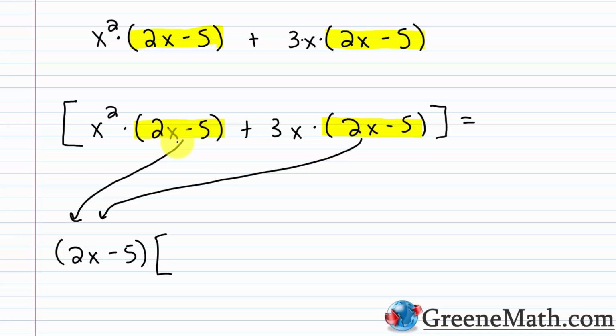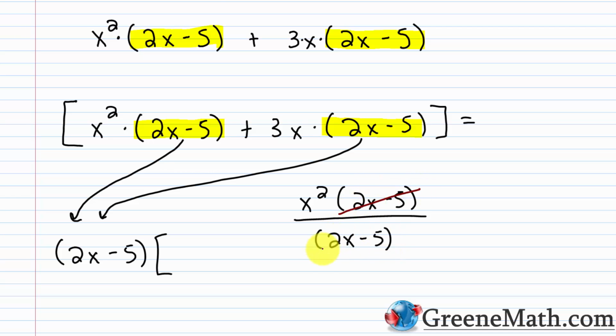You can think about it as we did in the last example with the division. If I had x squared times 2x minus 5 over the quantity 2x minus 5, I have a common factor of 2x minus 5, so that would cancel, and I'm just left with x squared. However it makes sense for you.